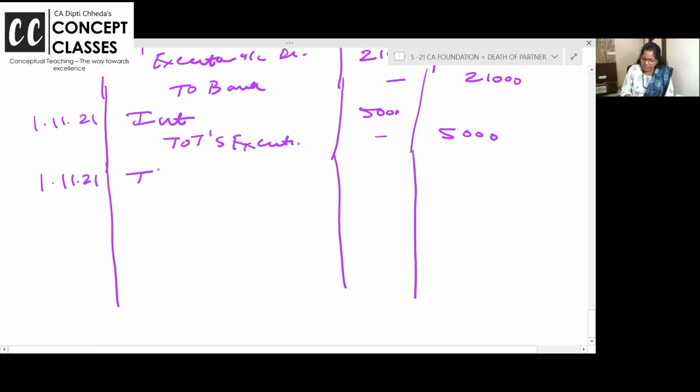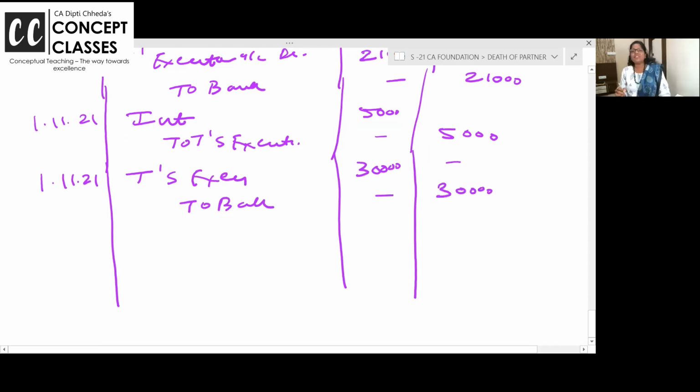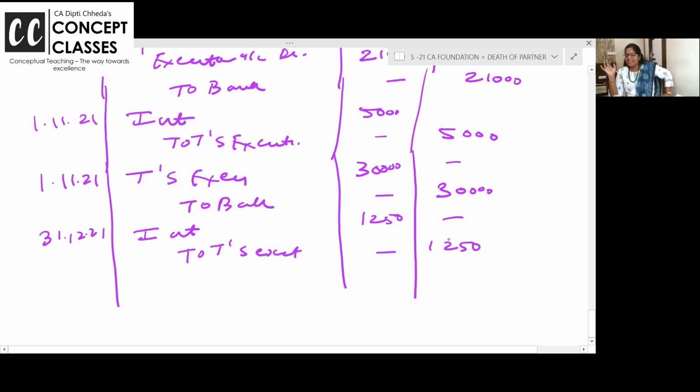And on the same day, T's executors account debit to bank. 30,000 I have paid, 5,000 interest and 25,000 principal. Again on 31/12/21, interest account debit to T's executors 1250. That's it. No journal entry we need for the balance carried down.